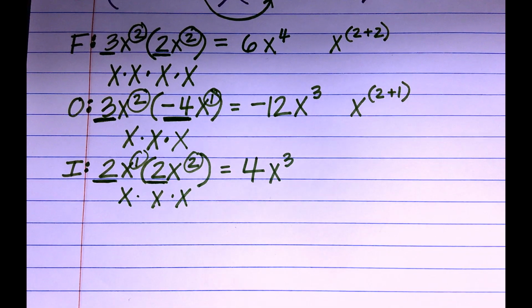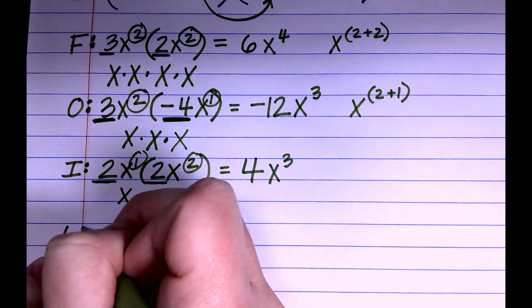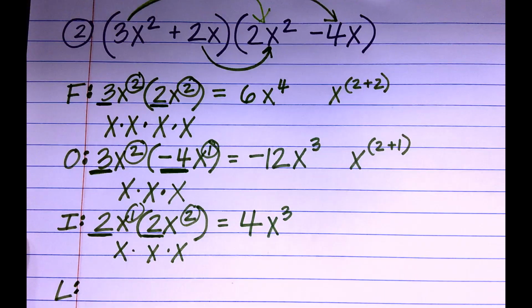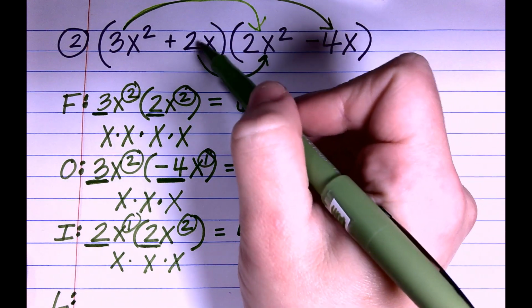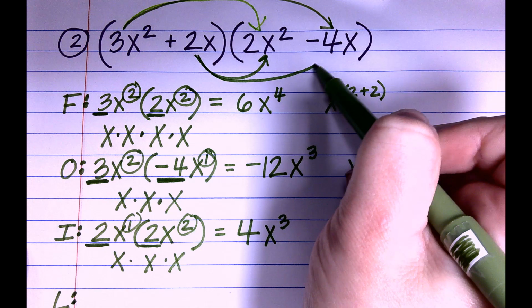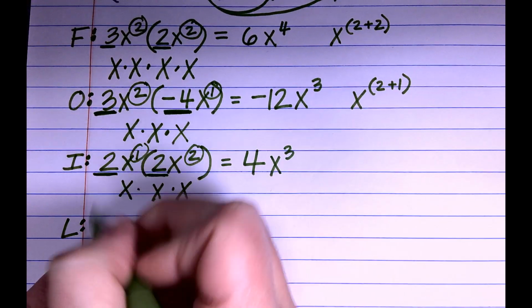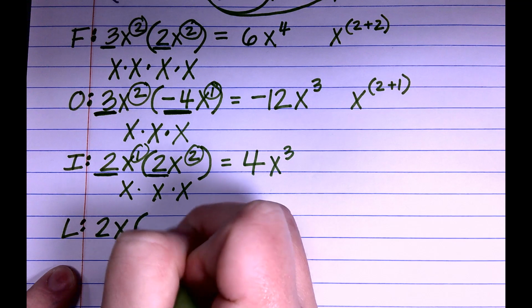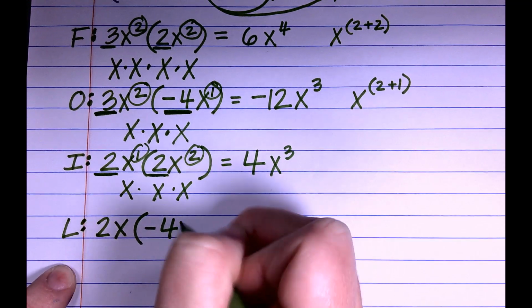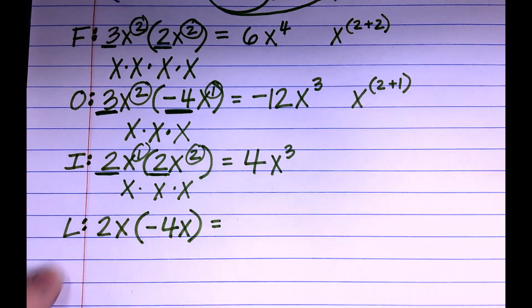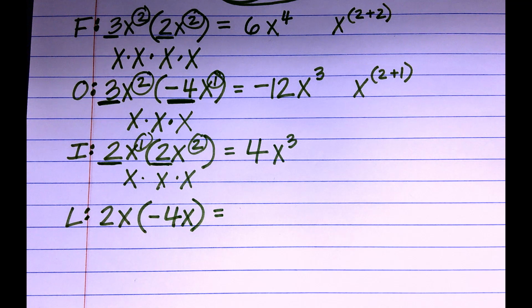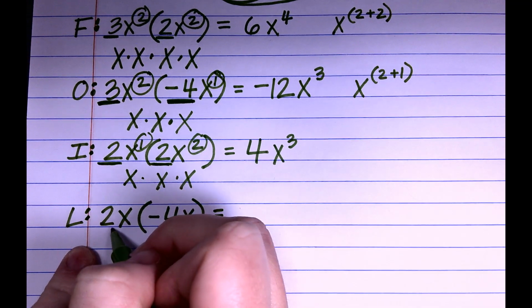Okay, so now we have the last terms, which are 2x and negative 4x. So 2x times negative 4x. Okay, so again, let's look at our coefficients first.